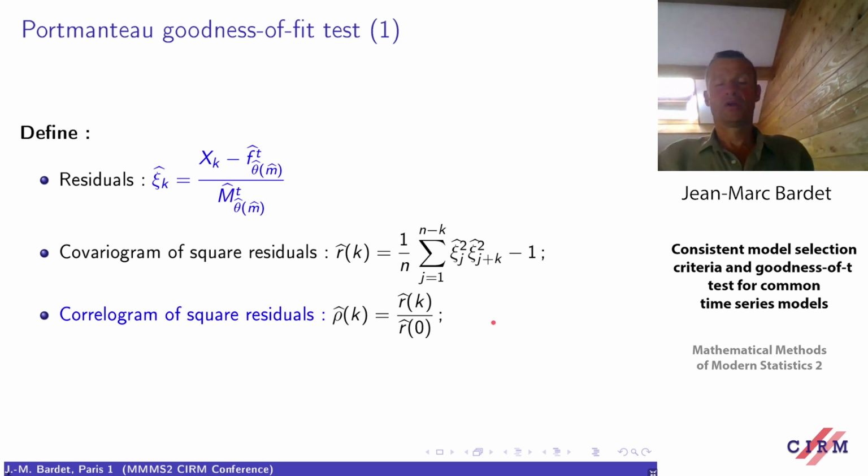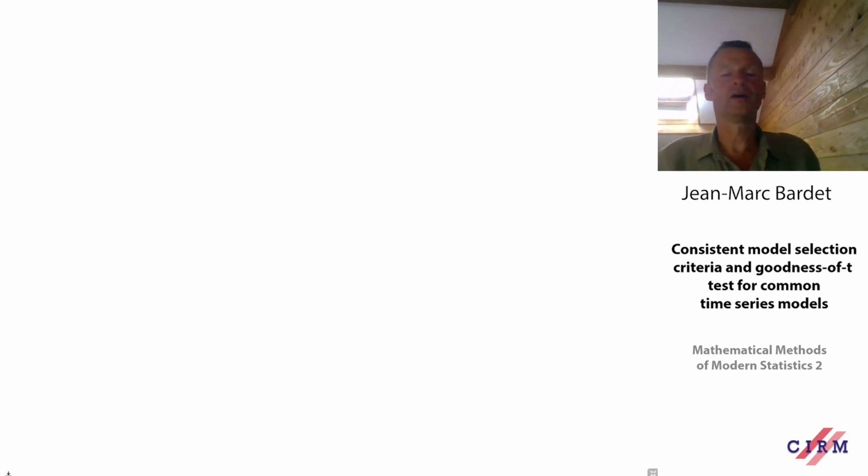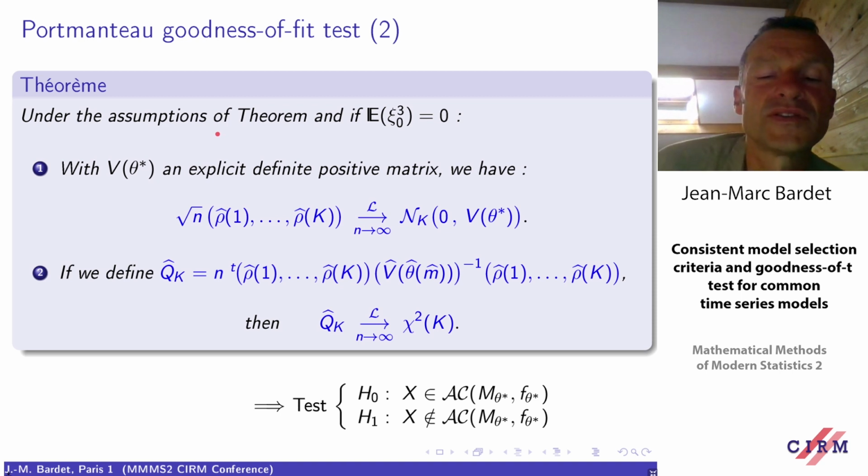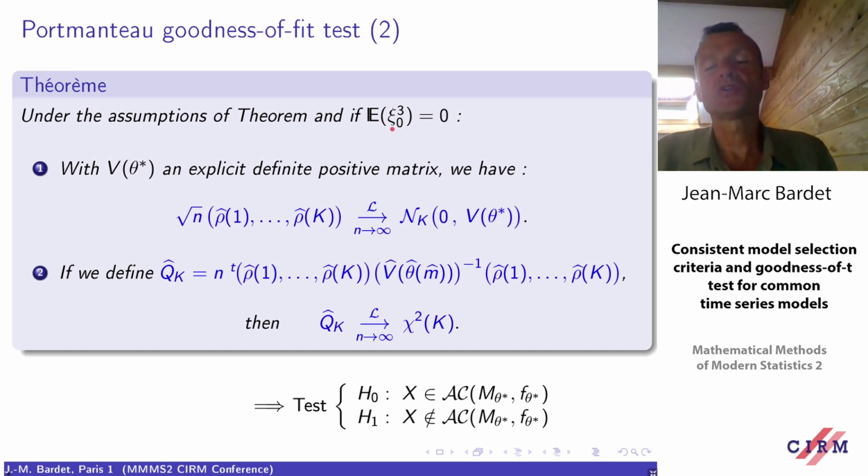Okay, so using those correlograms, we will obtain central limit theorems, with also another condition on xi, which is that the third moment of xi is equal to 0.